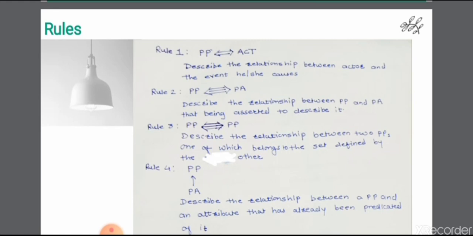Then the rule number 2. It describes the relationship between a PP and a PA that is being asserted to describe it. Many state descriptions such as height are represented in CD as numeric scales. Then rule number 3.